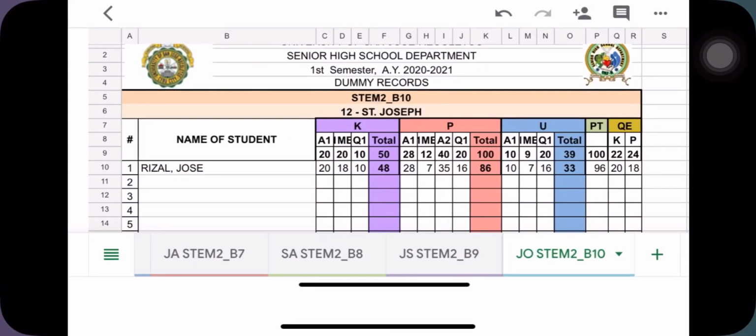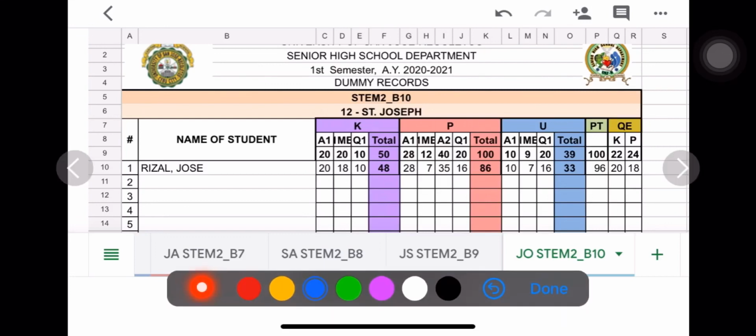Okay, and the last one for the written works is the understanding. So the scores of Rizal in the understanding are the following: 10, 7, 16. So we will add all the scores in the understanding and then you will get 33 as a total for Rizal's score over 39.